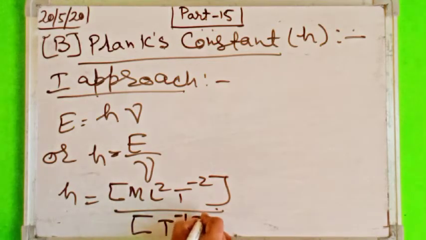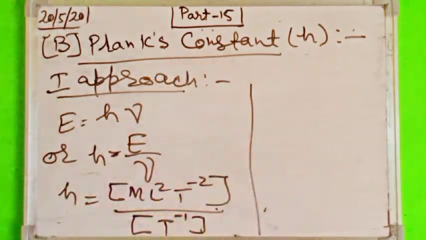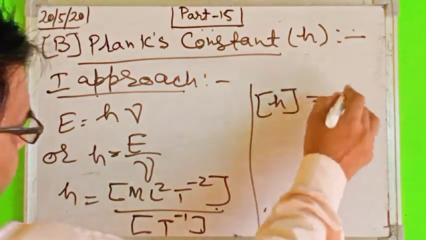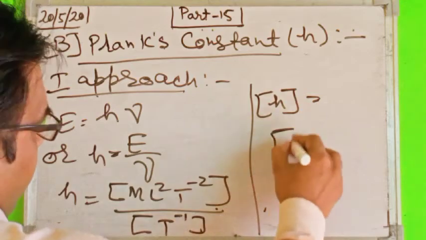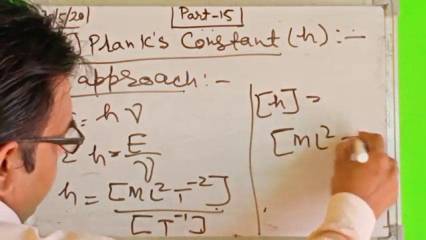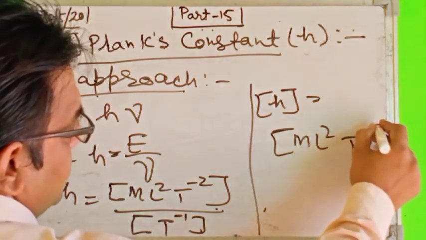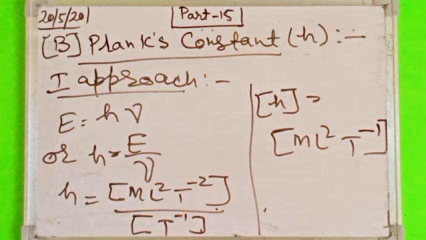From here you can find the dimensional formula for h as M L square T minus 1.